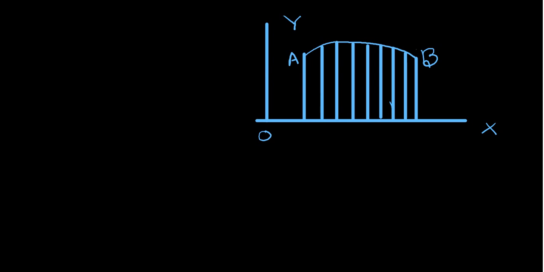If you see at the macro level, I will show you how the rectangle forms the basis of area under the curve. See the diagram carefully. This is the curve. Now we draw perpendiculars to the x-axis, and the area is formed through these vertical lines.